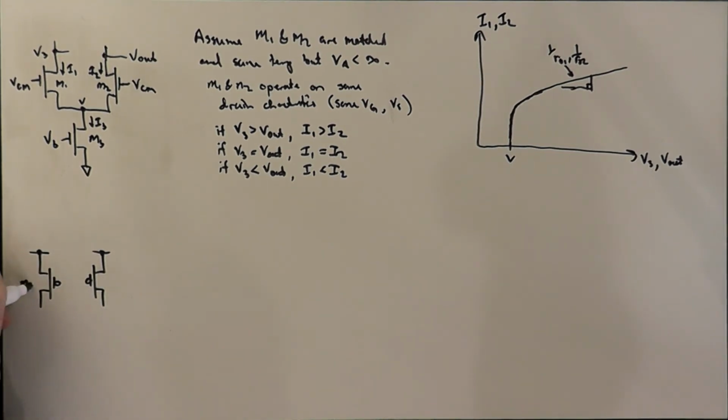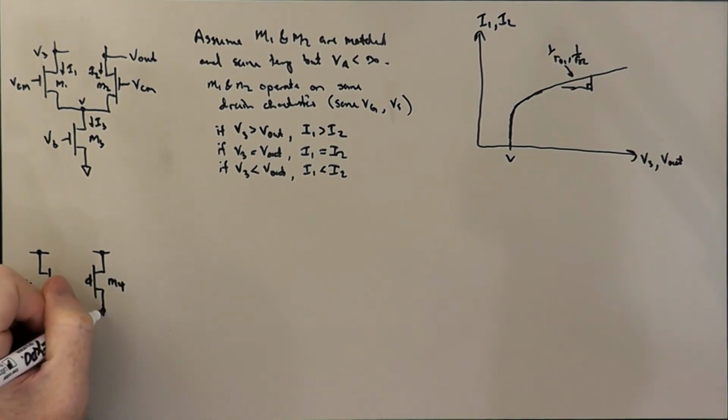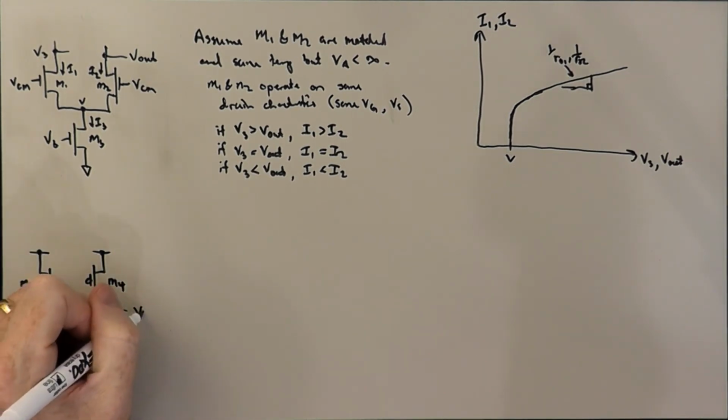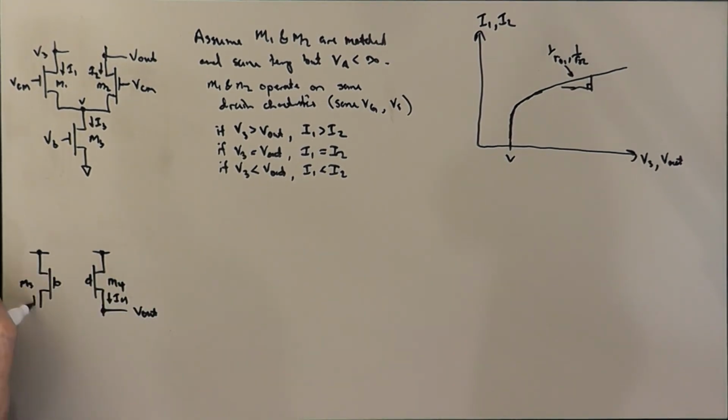So you have M3 and M4, V out, I4, I3, and V3 here. This is VDD.